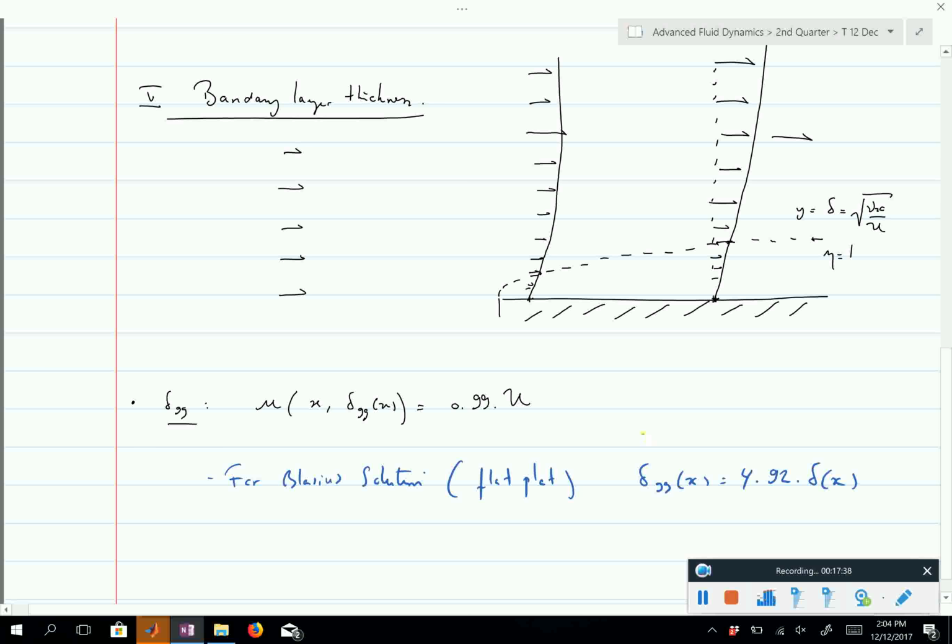Because we saw that u divided by U was equal to 0.99 when eta was equal to 4.92. So this is what we looked onto the graph, and this yields that.